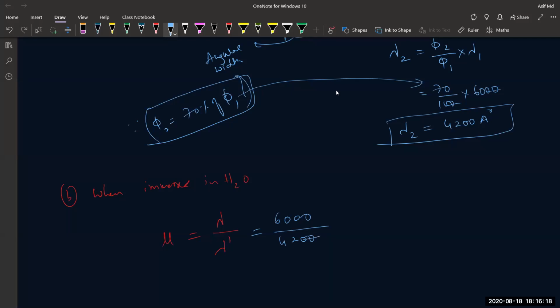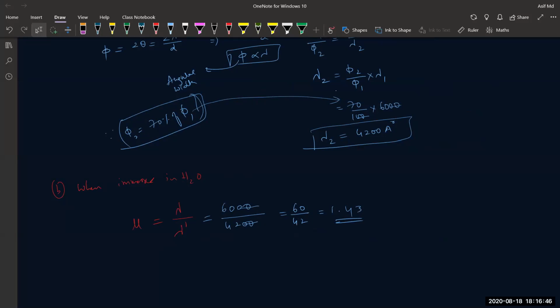The two zeros get cancelled, so it is 60 by 42, which is 1.43. That will be the refractive index. When it is immersed in water, the refractive index is calculated with the formula mu equals lambda by lambda dash. Okay?